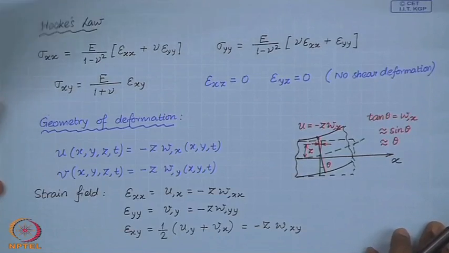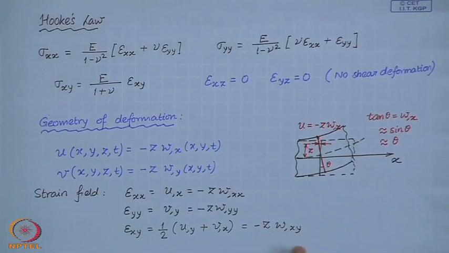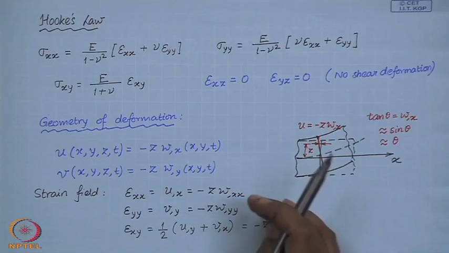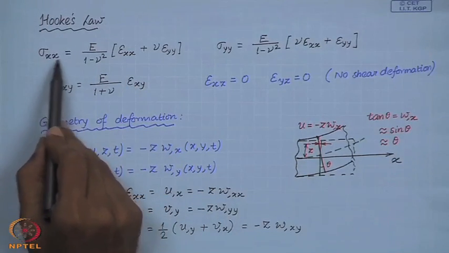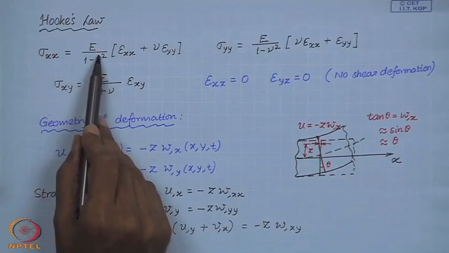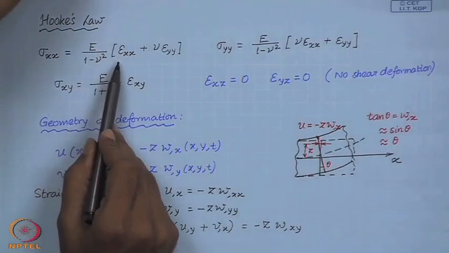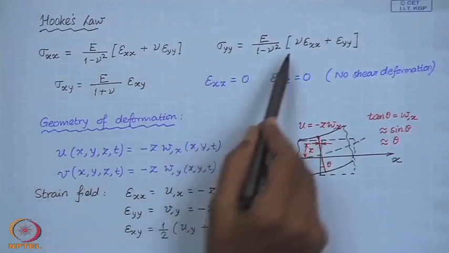Now, these strains are linear in z, since w is independent of z. So, epsilon x x and epsilon y y are linear in z. Therefore, sigma x x is also linear in z, as you can see from these expressions.